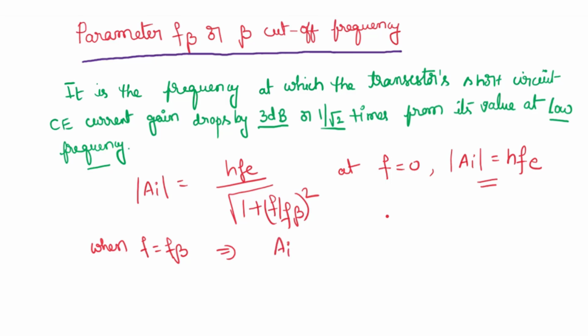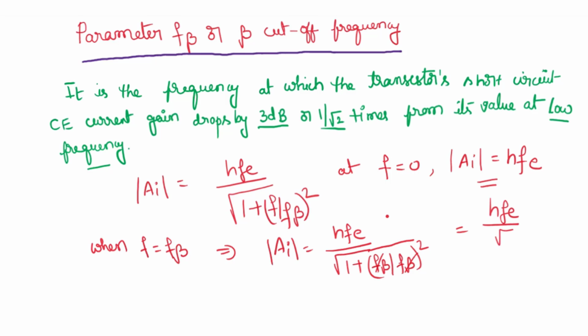So you'll get mod Ai is equal to hfe by root of 1 plus (f beta by f beta) whole square. f beta by f beta gets cancelled, so you'll get hfe by root 2.